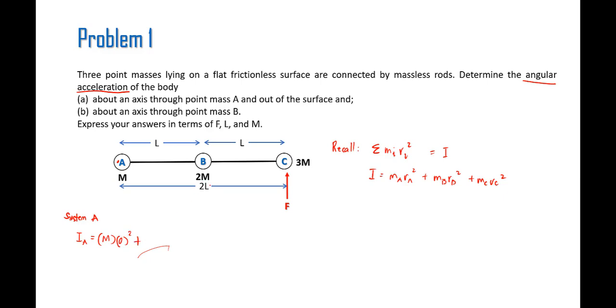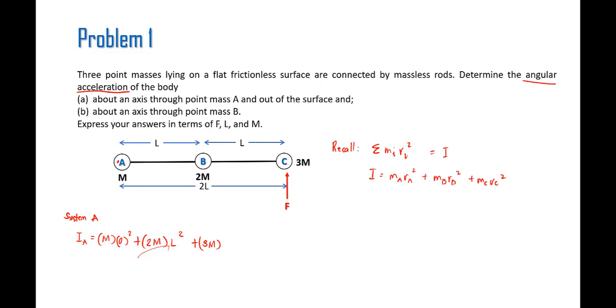And then your m_b is the mass of point mass B, so 2m multiplied by the distance between the axis and point mass B, which is L, so L squared. Plus m_c is the mass of point mass C multiplied by r_c.